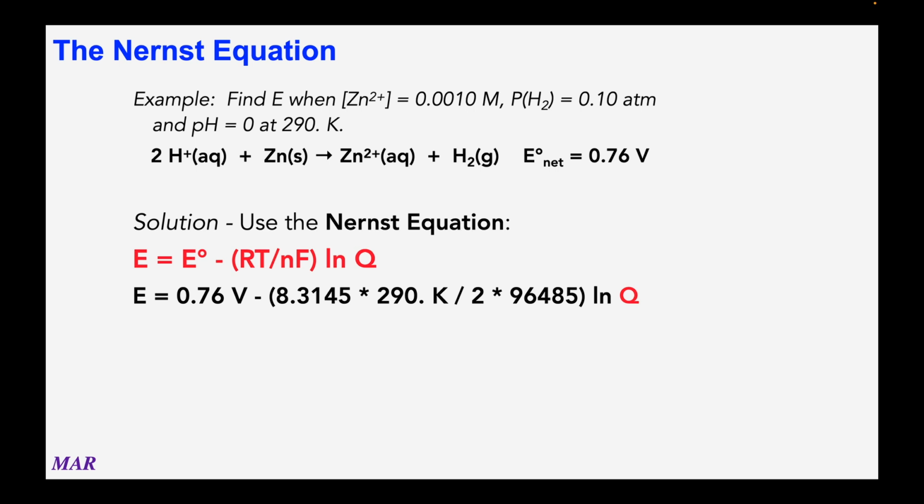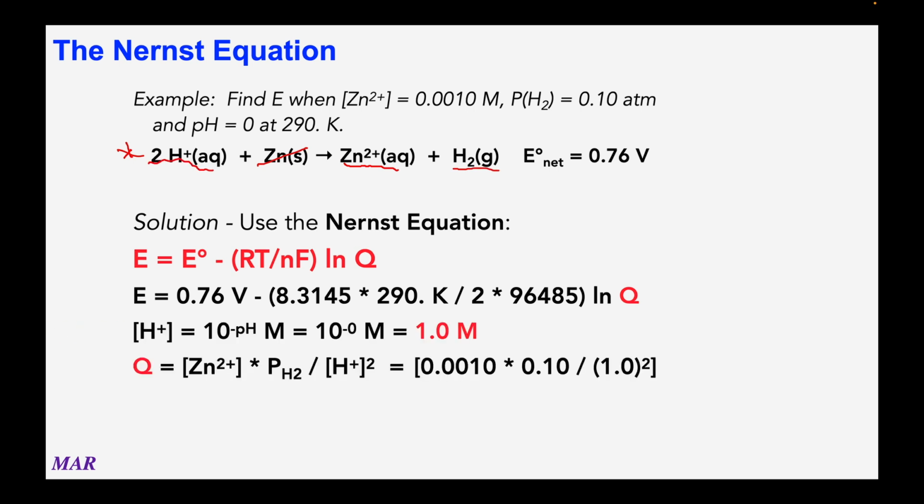So if you look at the reaction we're seeing here, you don't include solids and liquids, but we should put in something for zinc 2 plus, for hydrogen gas, and for the H plus concentration. H plus is 10 to the power of minus pH, if you remember from the acid-base reaction. 10 to the minus 0, which is what our pH is, is just 1 mole per liter. So we can essentially ignore the H plus for this one because it's 1 mole per liter.